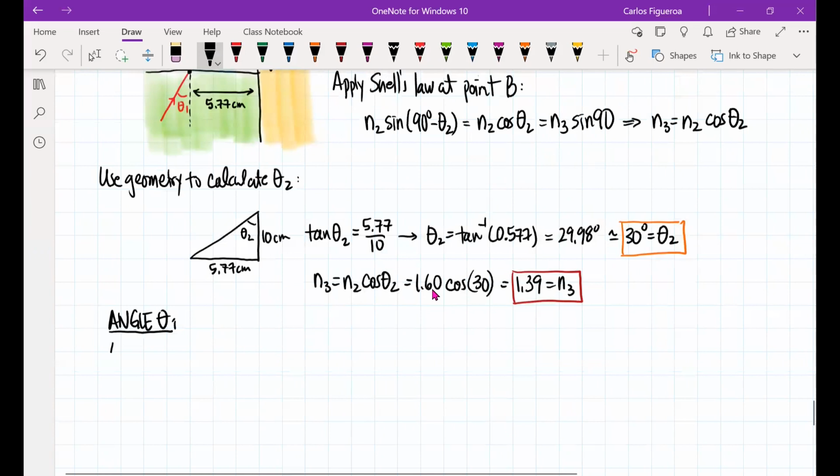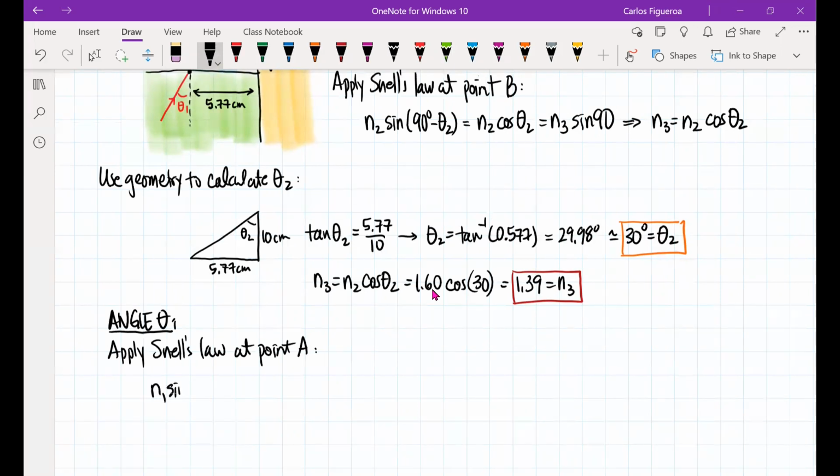So I'm going to apply Snell's law at point A. And this is the interaction between the two mediums. So here we go. So we see that N1 sine of theta 1 is N2 sine of theta 2.